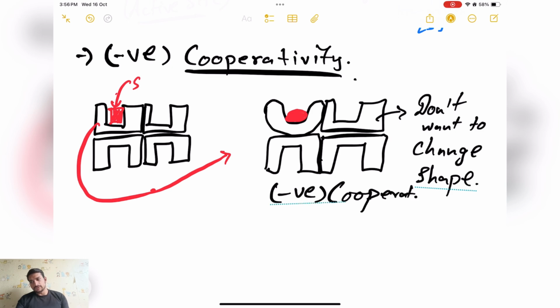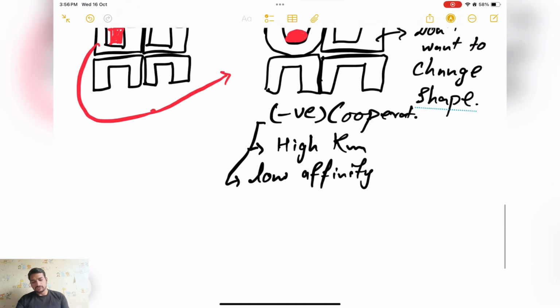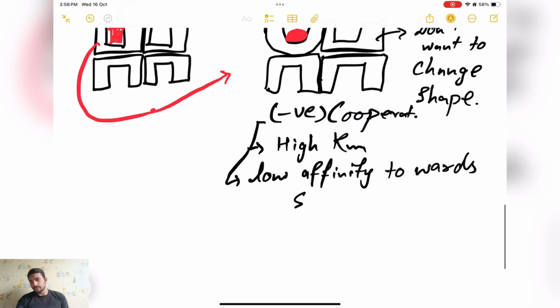If it is negative cooperativity, then it has a high Km value and low affinity towards the substrate.